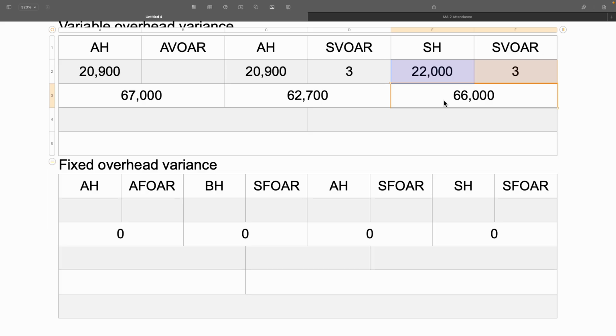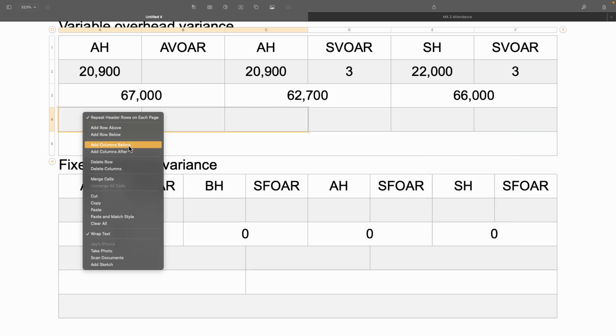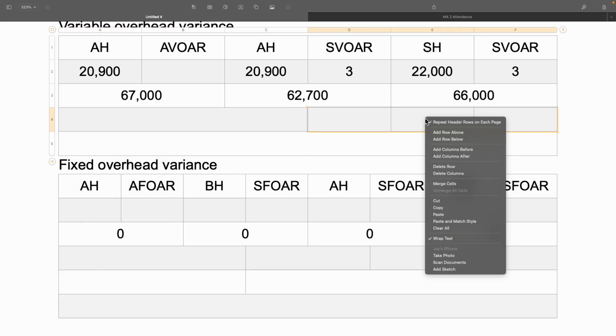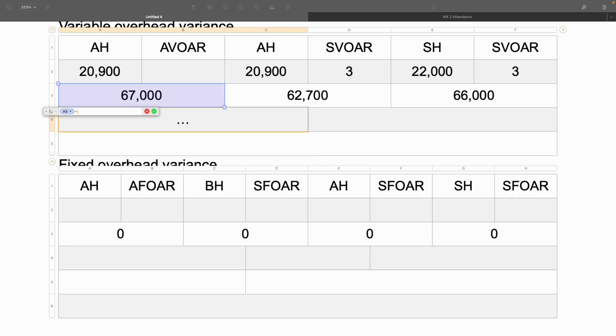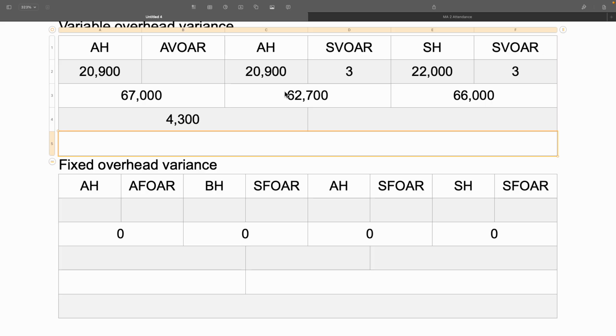So we get these numbers here. Actually spent 67,000, should have spent 62,700. So we can say this one is going to be 4,300.